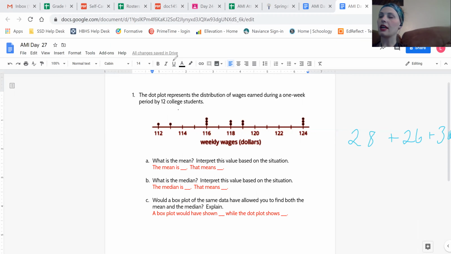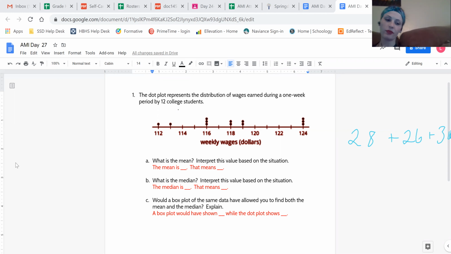If I have the 3 of us who are 28, 26, and 30, how we can find the mean of our age is to add them all up, 28, 26, and 30.